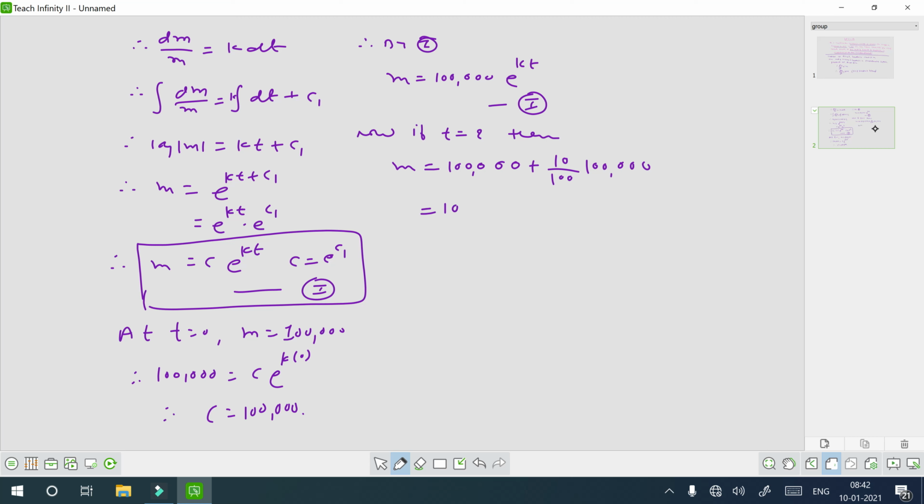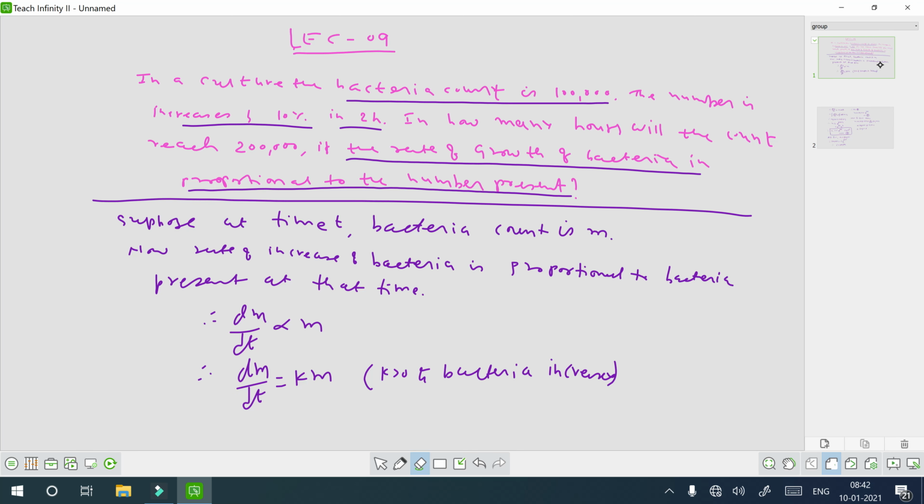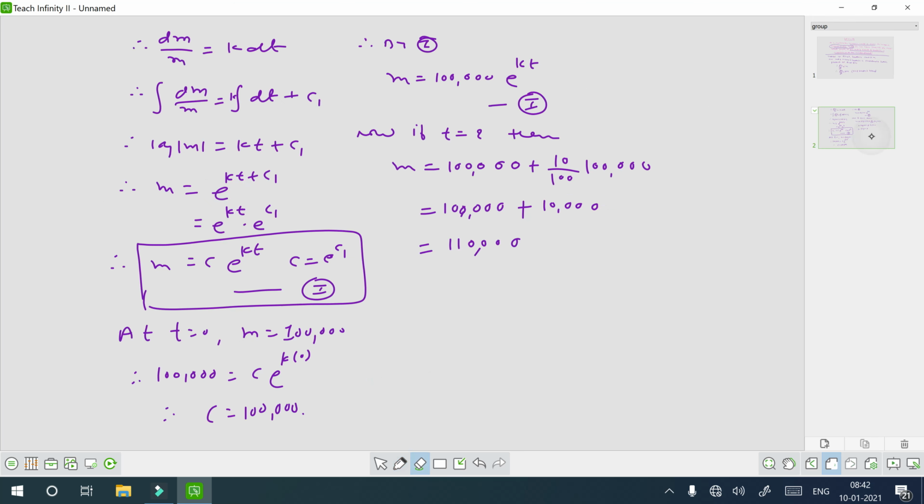That is equal to 1 lakh plus 10,000, so 1 lakh 10,000, that is n. Why we are writing in that way? Because it is given that it increases by 10% of bacteria.